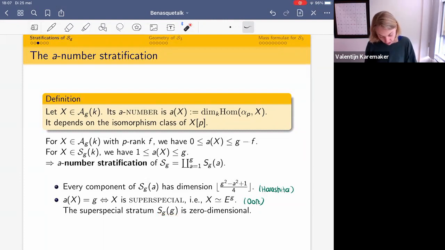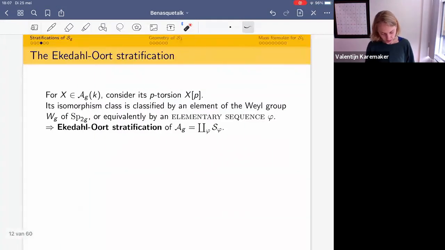Okay, and so, as I said, the A number stratification depends on the isomorphism class of X[p], but we can exploit this a bit further and give one final other stratification that is called the Ekedahl-Oort stratification. You can define this again for any X in A_g. Look at its p-torsion up to isomorphism. There are various ways in which to describe this isomorphism class.